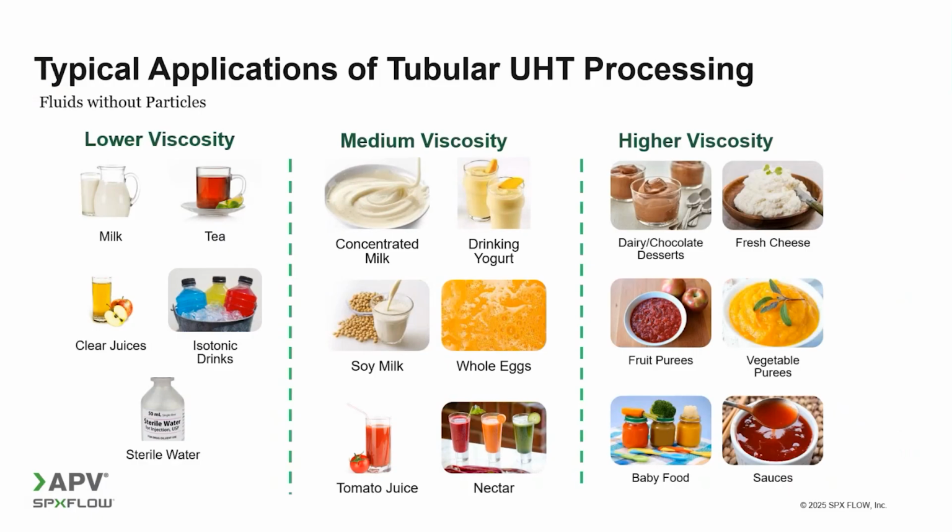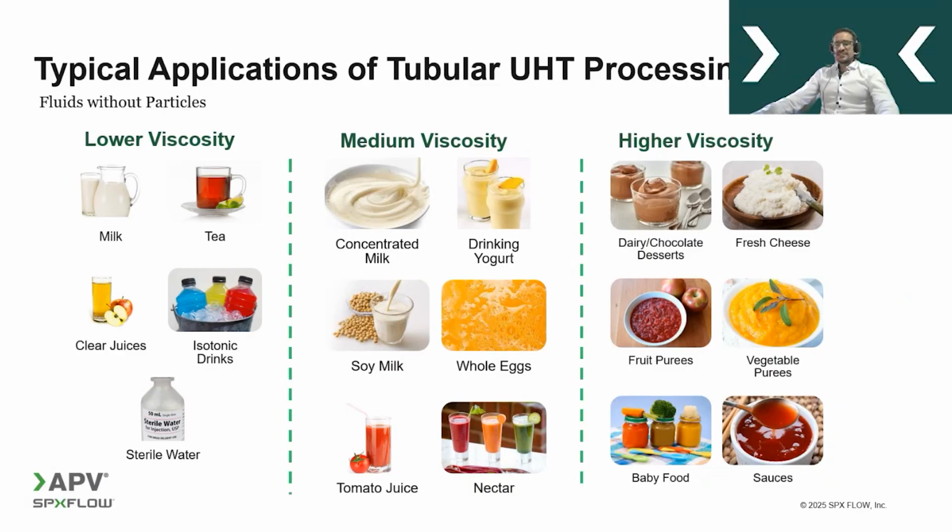In the next slides, we will see a number of different applications that we have divided into 4 categories. In the first one, we'll start with fluids without particles. Then we would also highlight fluids with flexible particles.